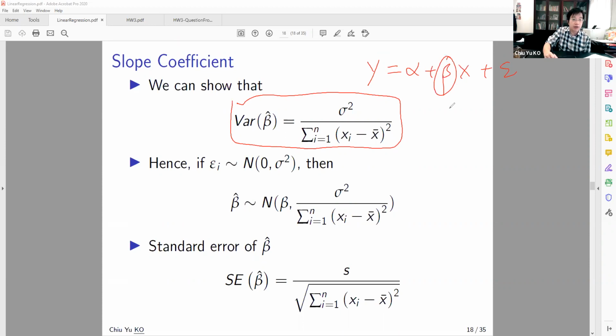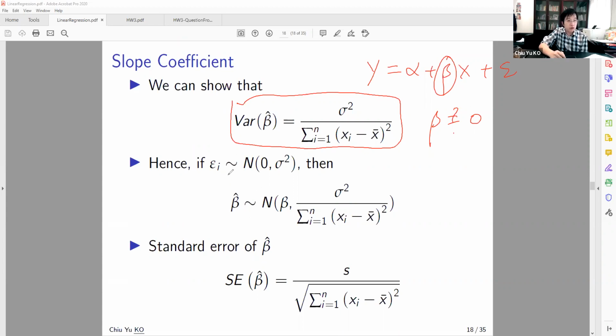You really want to check whether beta is equal to 0 or not, because you want to see whether the two variables are related at all or not, right? So that's the most important test you want to do at the beginning. Once you run the regression, you want to check this one. This is a rather standard thing to do, regardless of the regression, okay? Basically just the same as ANOVA, testing whether this is meaningful at all, okay?